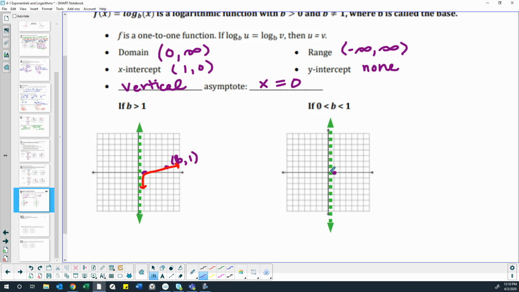Or you could kind of just go backwards, because it would be over that fraction amount up 1. But I prefer to say that the point over here is going to be 1 over b, the reciprocal of it, comma negative 1, causing our graph to look more like this, reflected over the x-axis.